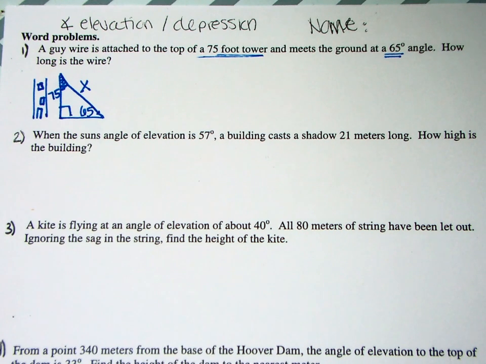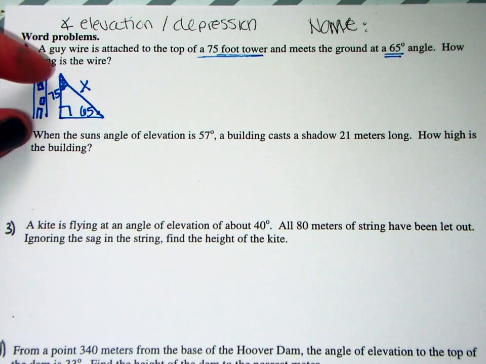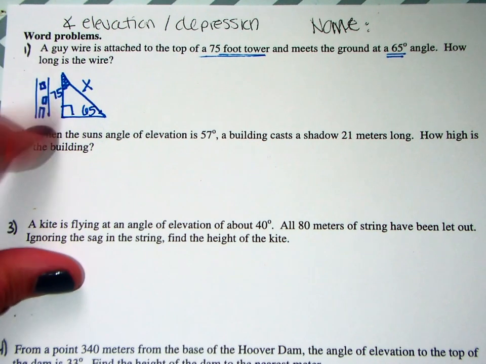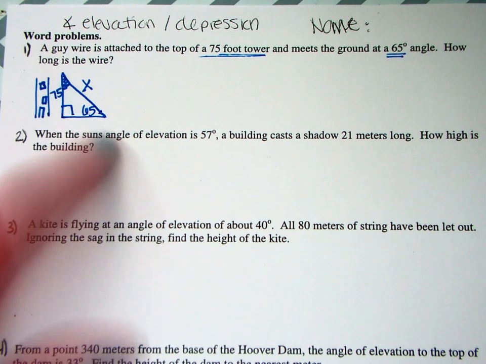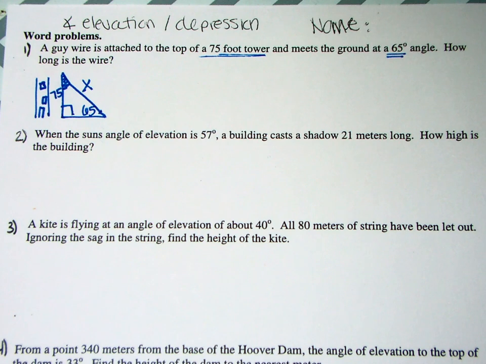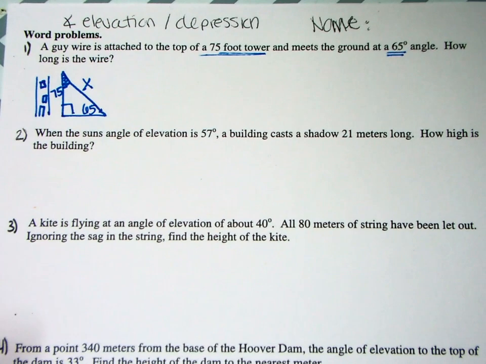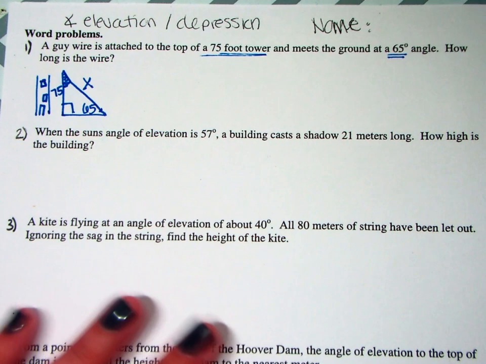Then I have to talk about my height. Height is how tall something is, or altitude. That's always going to be the vertical. And then a ladder, a wire, kite string, that's always going to be diagonal. So that's our little intro. We just need to think about the question. It's common sense, and I can't teach you common sense, as mean as that sounds. You just kind of have to think about it.